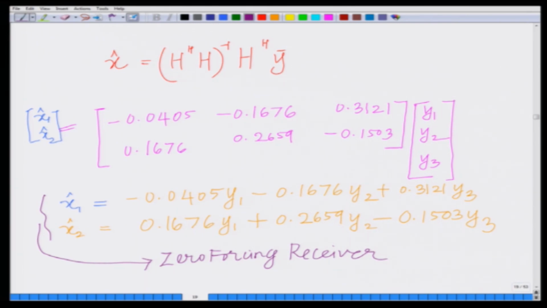This is the zero forcing receiver for this 3x2 MIMO system, which we have illustrated by this simple example.